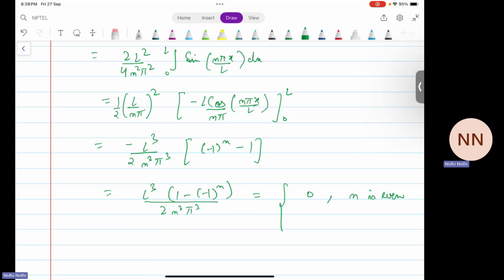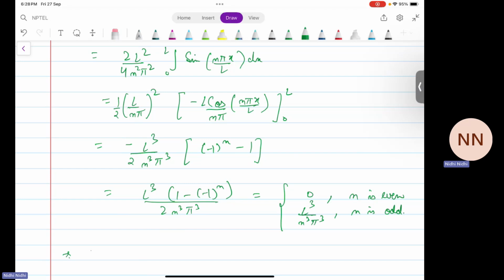And for odd, this will be 1 minus (minus 1), that will be 2, and this 2 will get cancelled out. We'll be left with L cube by n cube π cube when n is odd.